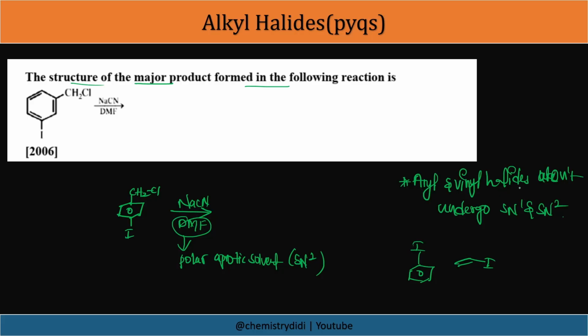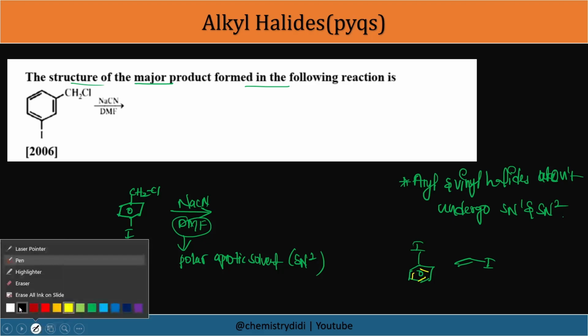Aryl and vinyl halides won't undergo SN1 and SN2. In case of SN2, there will be resonance in this ring, right? So here we can draw it like this instead of this.